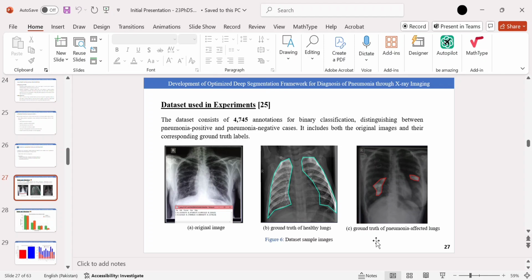The dataset used in the experiments is taken from RoboFlow, and it consists of 4,745 annotations for binary classification, distinguishing between pneumonia positive and pneumonia negative cases. These are the sample images of the dataset. The green one contains a healthy lung, meaning pneumonia negative, and the red one contains pneumonia positive.